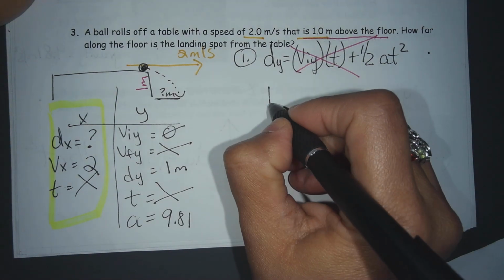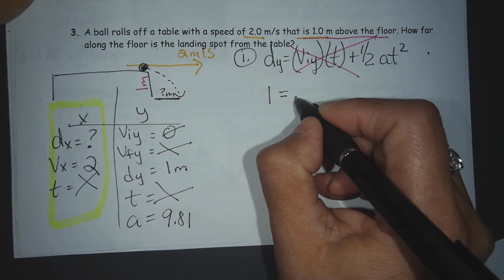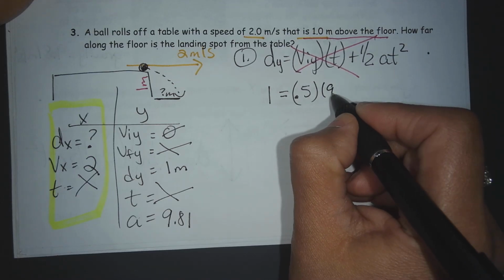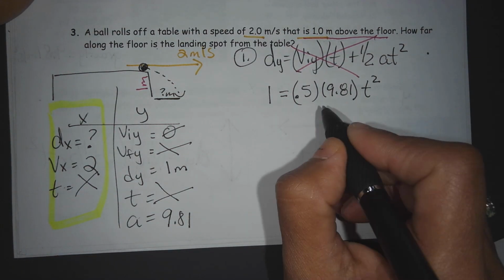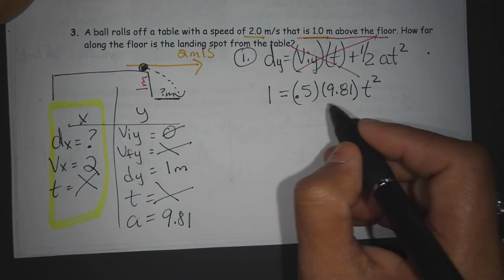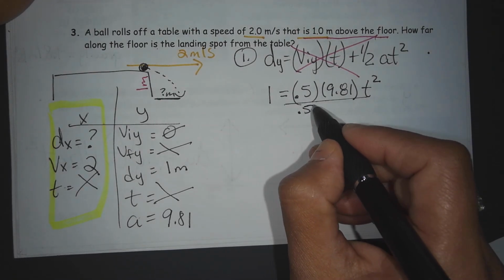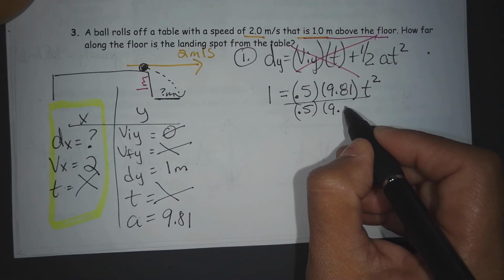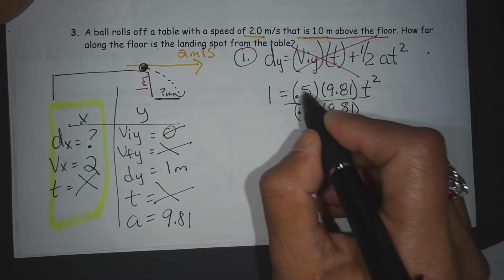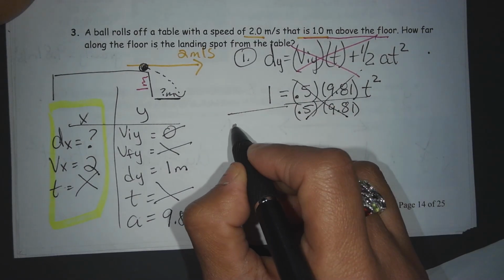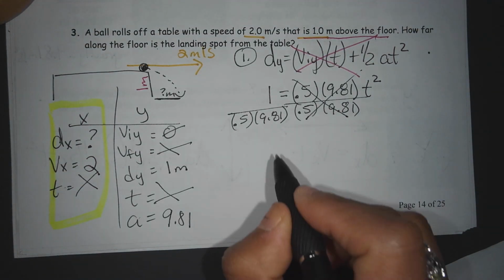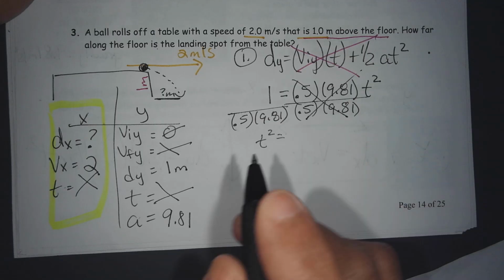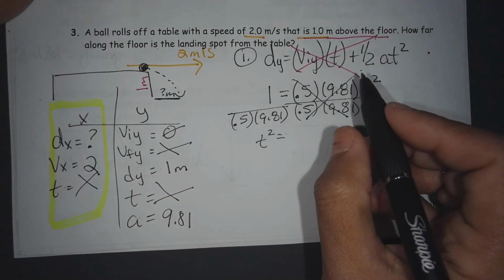The distance in the y, 1, equals 0.5 times gravity times t squared. I've got to get t by itself. Divide by 0.5 times 9.81. That cancels. This is t squared, not my answer.